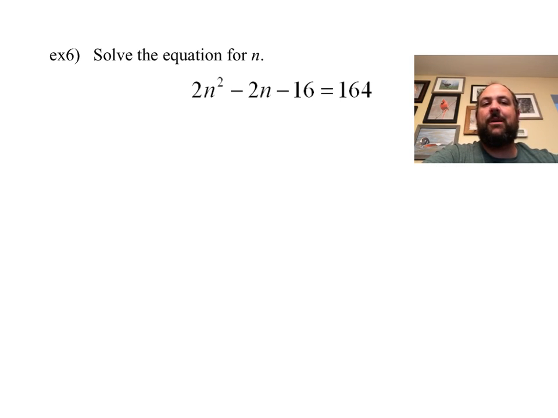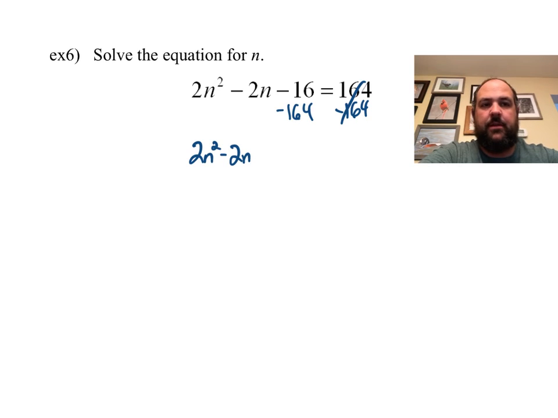Since the 2n squared, the negative 2n, and the negative 16 are already on the left, it makes sense to bring over 164 by subtracting it. So now we're going to have 2n squared minus 2n minus 180 equals 0. And at this point, I'm noticing 2, 2, 180.